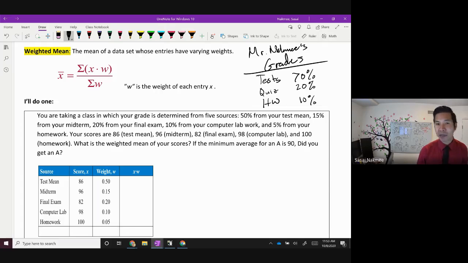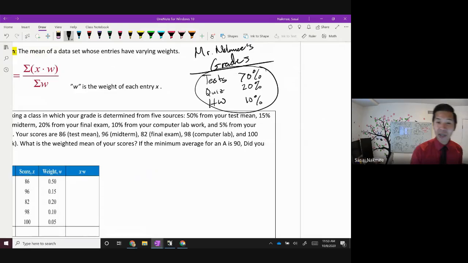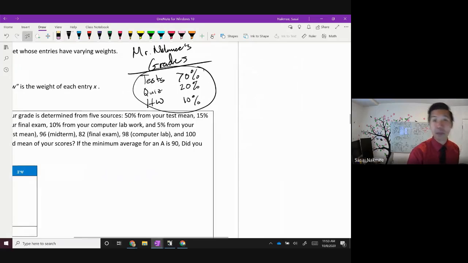And what a weighted mean means is that you break down your grades based off of these certain categories, and they are weighed a little bit differently. So here's what I mean by this. If you don't have a weighted mean and you just calculate the score straight up, let's say I was grading this person's tests, and they got 100 out of 100, right?